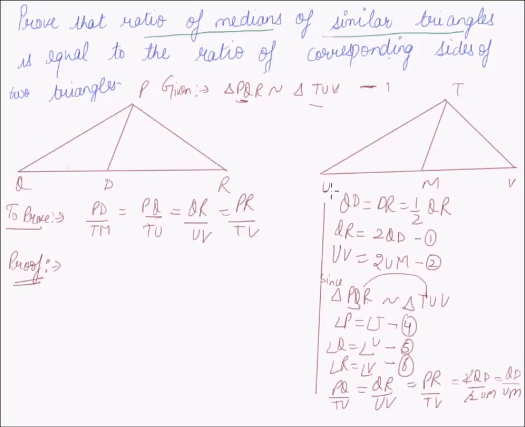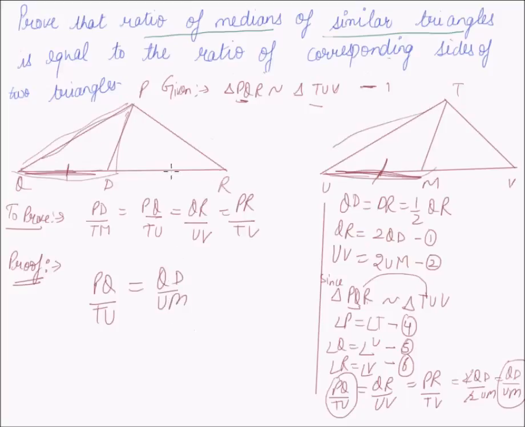So QD and UM, these two corresponding sides, if we look, are in these two triangles. So let us check about PQ and TU. Thus we can say that PQ over TU is equal to QD over UM, that is PQ is corresponding to TU and QD with UM.